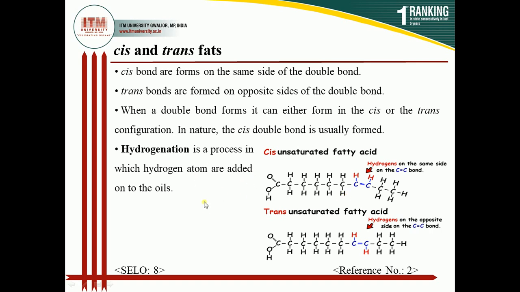So the unsaturated fatty acids are bent, but after hydrogenation, the hydrogen removes the double bond, and the configuration of the fats changes into the trans form, that is the linear form. After this process, the trans fatty acids start behaving like saturated fatty acids. So this is a small description about hydrogenation, which is a very important term in fats.